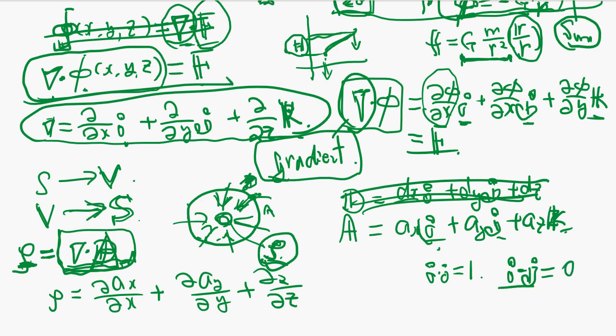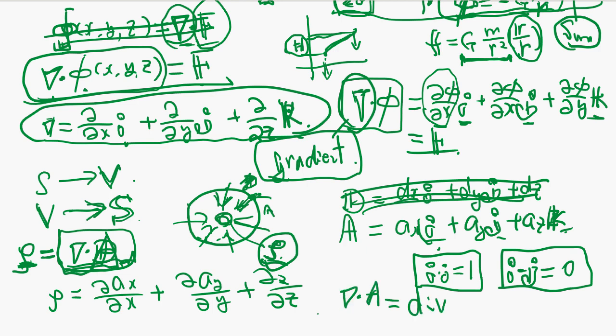Orthogonal vectors are all 0, only the same vectors remain, so it becomes like this. Okay, and this nabla is called divergence. Divergence A.